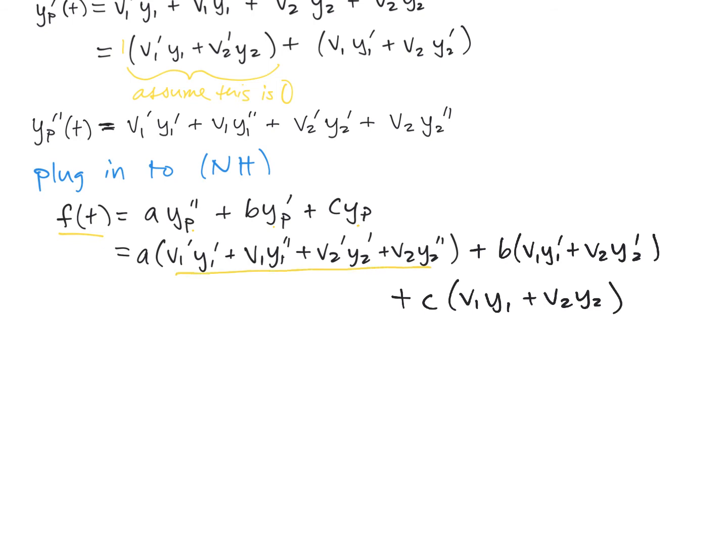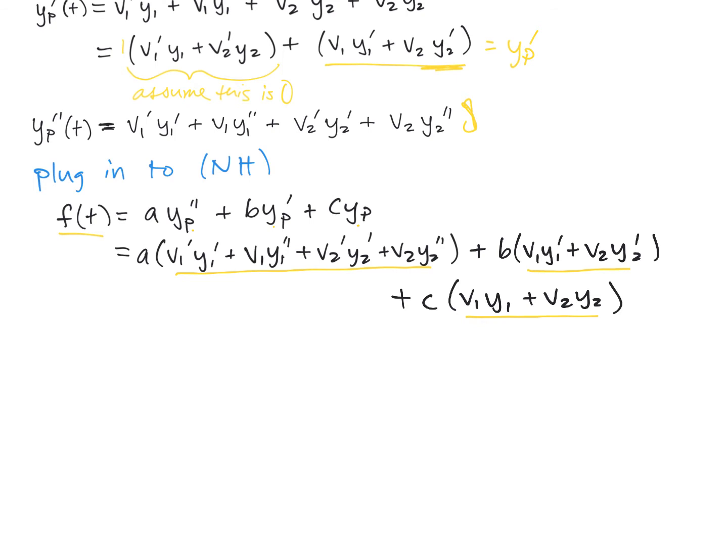This term is what I just calculated up here. This term is from up here. That was my yp prime, and I'm ignoring that zero term. And then this was our assumption, our guess at the form of yp in the first place.